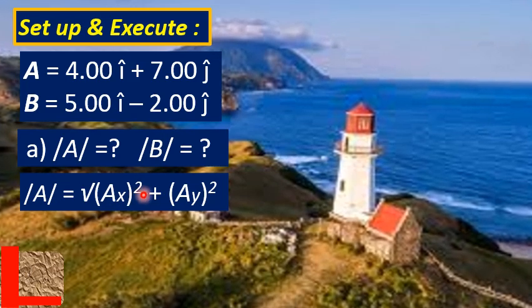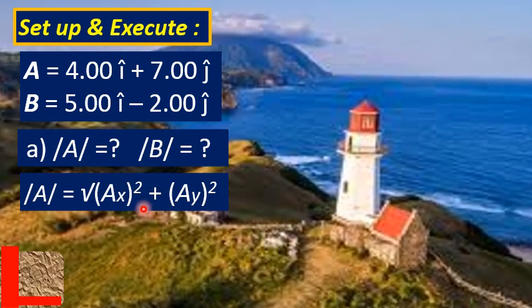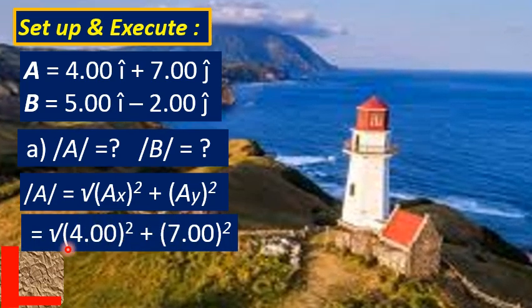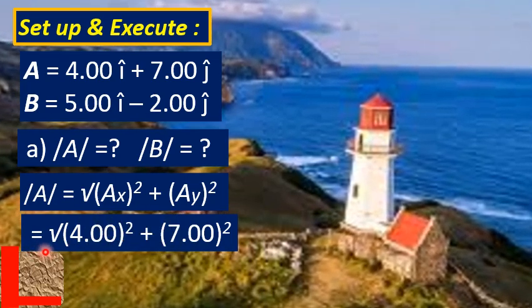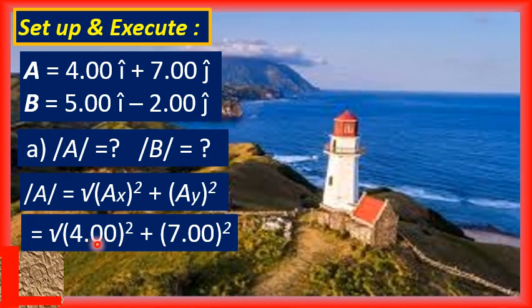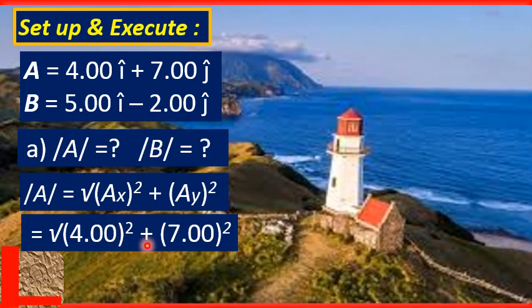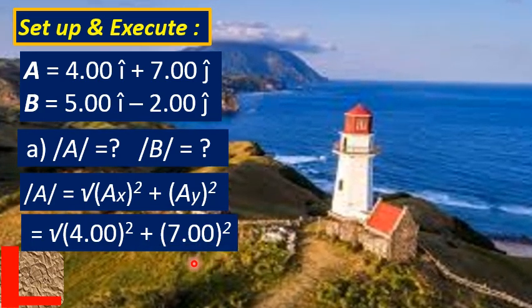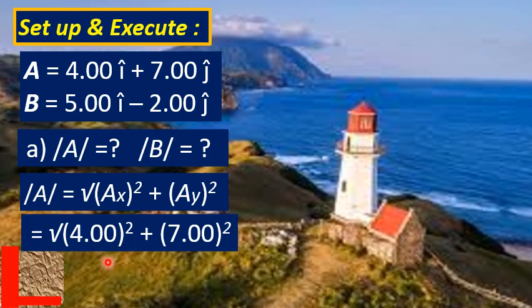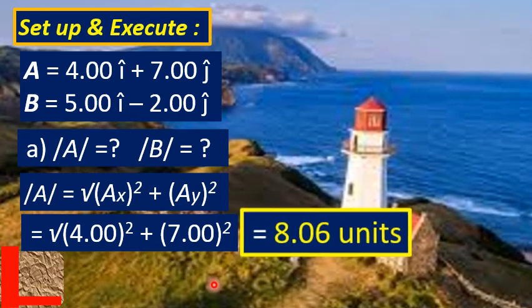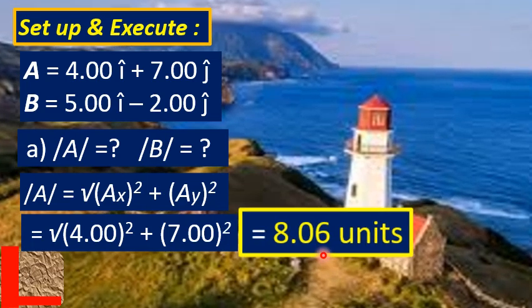When substituted, the magnitude of vector A equals the square root of 4.00 squared plus 7.00 squared. And we obtain the magnitude of vector A equal to 8.06 units.